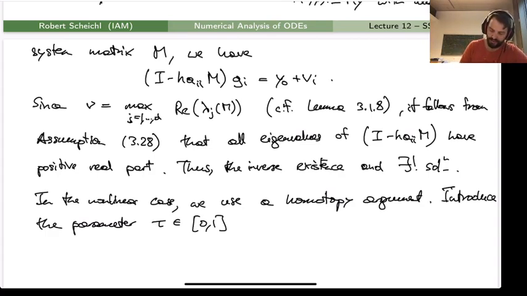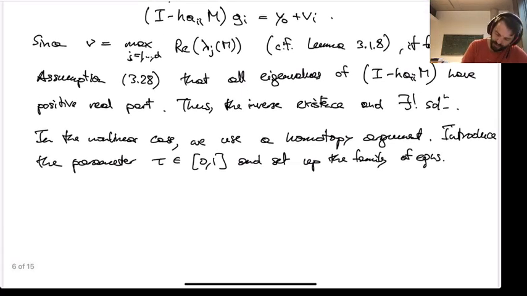So we introduce the parameter tau in [0, 1] and set up the family of problems, of equations. So this is now our homotopy function g_tau, and g_tau is essentially y_0.